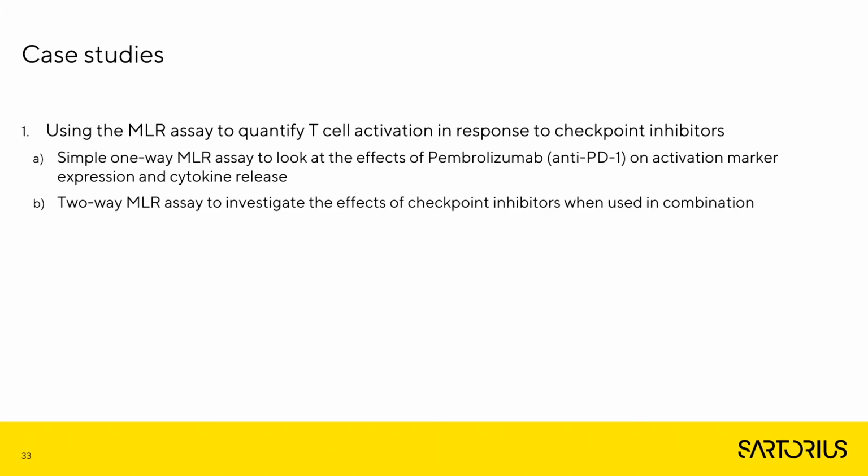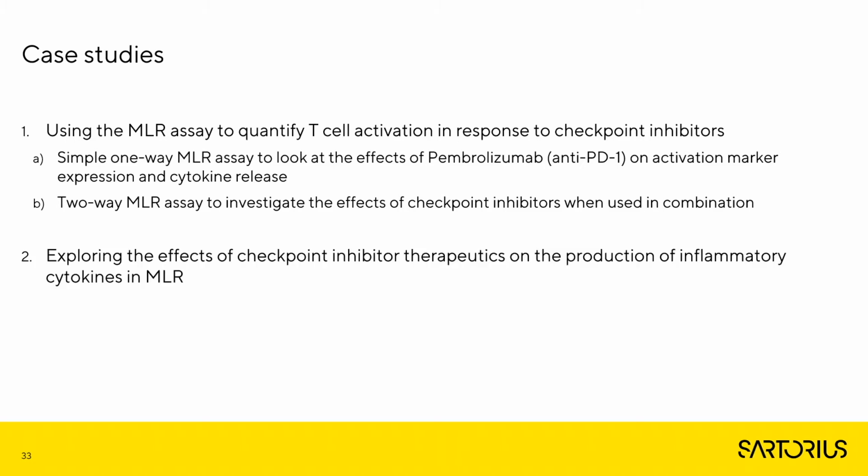The second experiment is the two-way MLR assay, investigating the synergistic effects of using checkpoint inhibitors in combination. And then the second case study will look at how checkpoint inhibitors can impact the production of inflammatory cytokines.